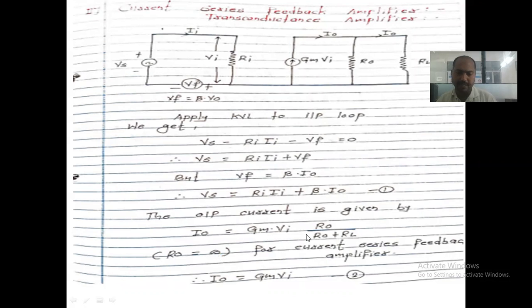Infinite plus RL, समजा हे 10 किलो ओम असेल, and infinite plus 10 is infinite, right? So infinite divided by infinite, it is a 1. So only I0 equal to Gm into Vi remains. So wherever I0 is coming, we have to write Gm into Vi.